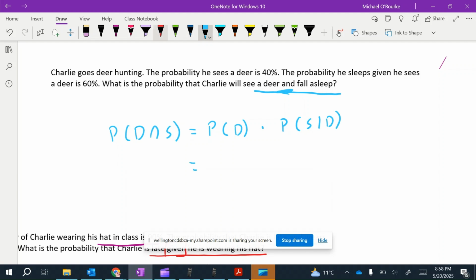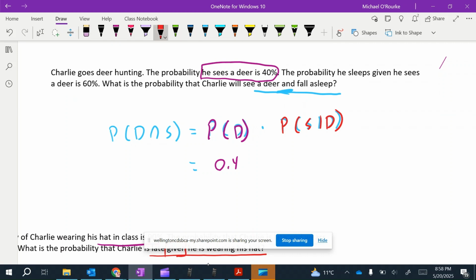So the probability he sees a deer is 40%, so 0.4.